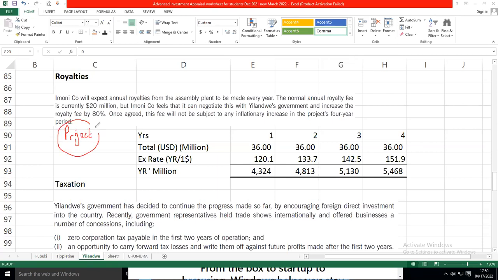The project has to pay this royalty, so this becomes a project cost. For us to assess whether this project is viable or not, we need to build in this cost. That's the logic.